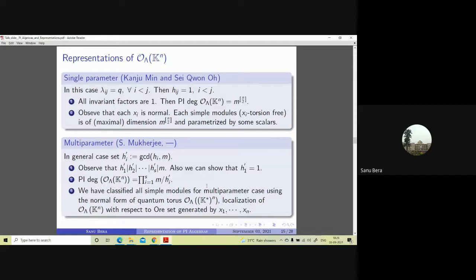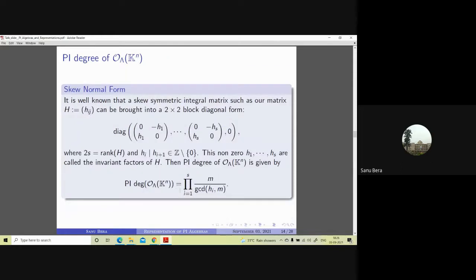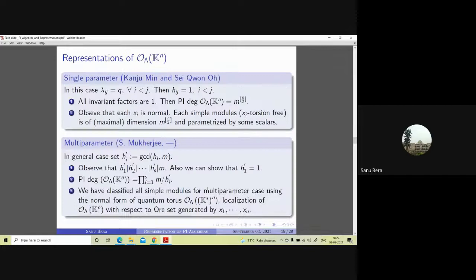So here we just set hi prime equals gcd of hi and m. That is just a denominator. As h1 divides h2 divides up to hn, the invariant factors divide one another, so hi prime also divides h2 prime and so on up to hs prime, and hs prime also divides m. And we can explicitly say about h1 prime.